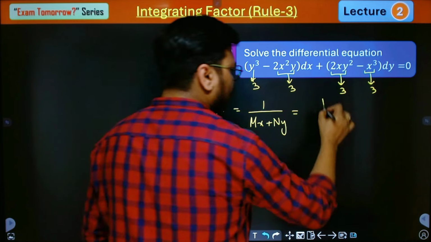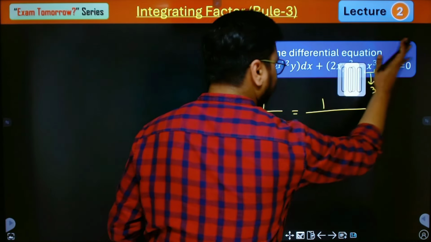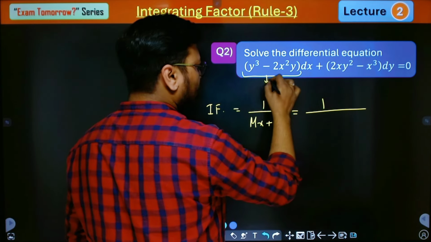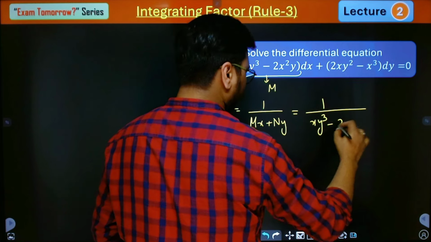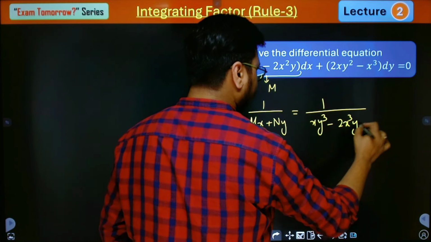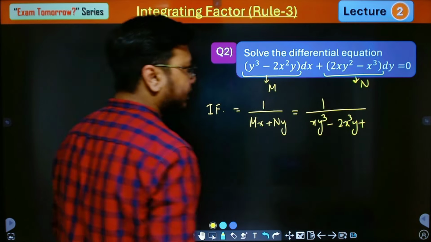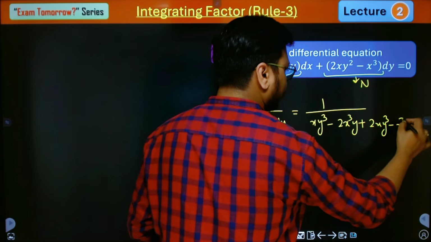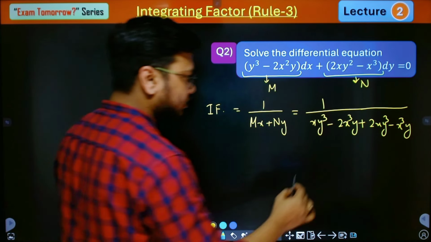So that means 1 upon, this is my m part, so I'm going to erase the degrees here. This is my m part, so m into x would be xy cube minus 2x cube y, plus this is my n part, so n into y would be 2xy cube minus x cube y, right? Let's see if we are getting something cancelled or not.